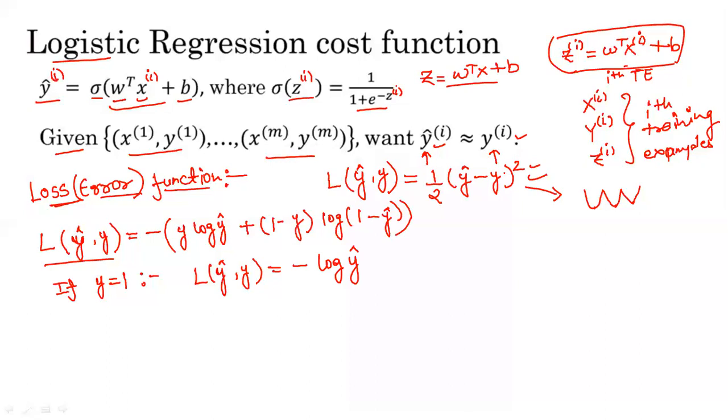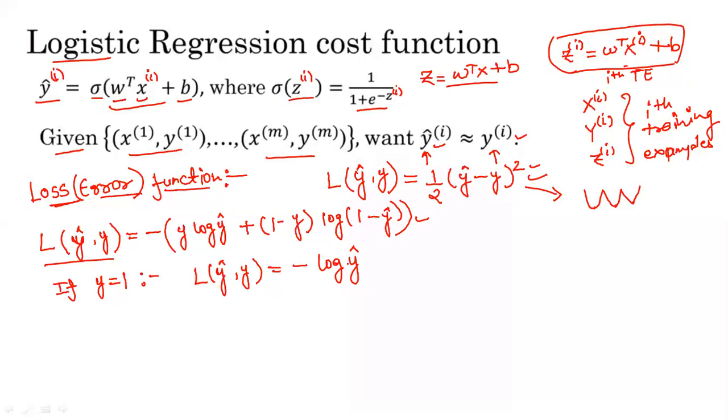We will do exactly the same thing when we use this loss function also. We need to minimize this loss function, so the value of L of y hat comma y should be as minimum as possible.